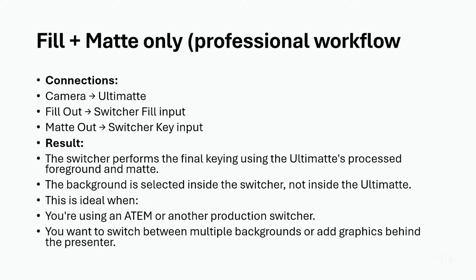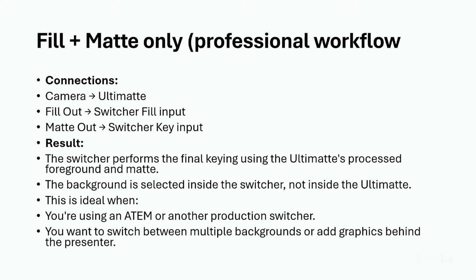The funny option is you put the camera into the Ultimatte, and then the Ultimatte doesn't do your green screen processing all the way. What it does is take away the green screen, and then it gives you two outputs.